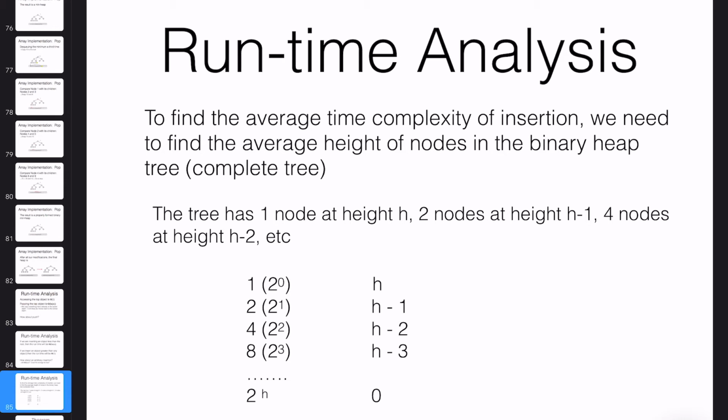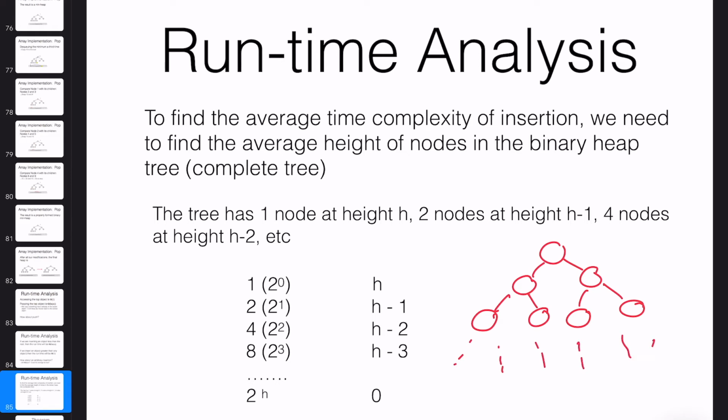You can think of it as, just assume you have a tree. This is your binary heap, down until this level. And just assume that I don't know how many levels. So in general, I can think that you have h plus 1 different levels.